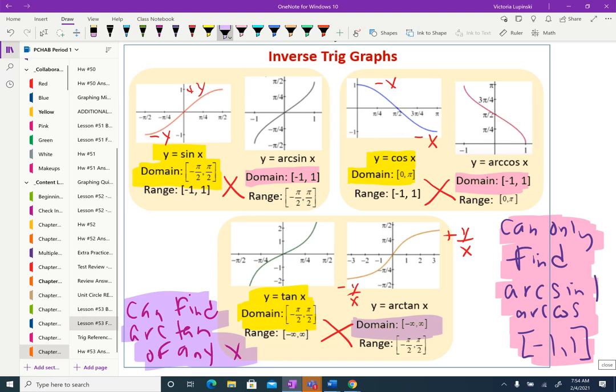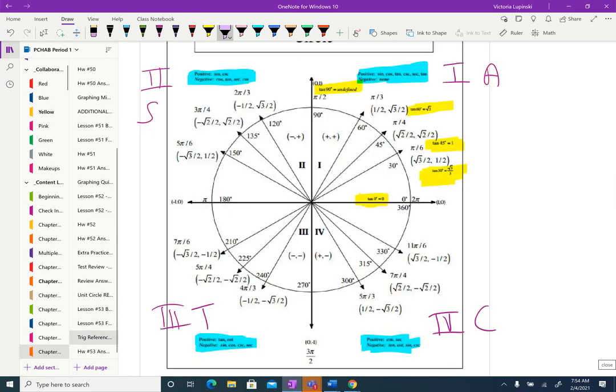Finally, the very last thing that's going to help us on our journey to solving these problems is going back to this reference. And I'm going to now give myself some information in terms of where I'm going to look for my answers. So in quadrant 1, that is where you're going to look for arc sines.